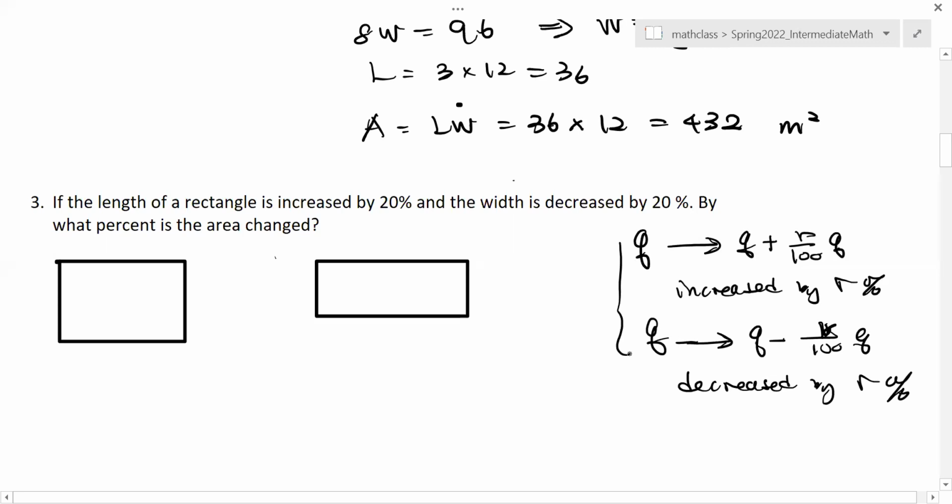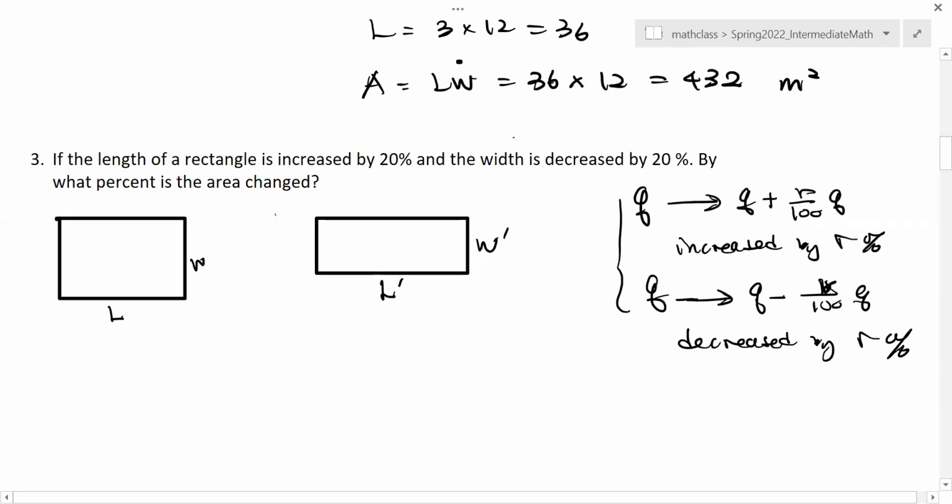Now, this is the length L, this is the width, and now L is changed to L prime, and the width is changed to W prime. What are we given? We are given the information that the length is increased by 20%. So L prime equals L plus 20 over 100 times L, so L plus 0.2L, and if you combine them, it's 1.2L.